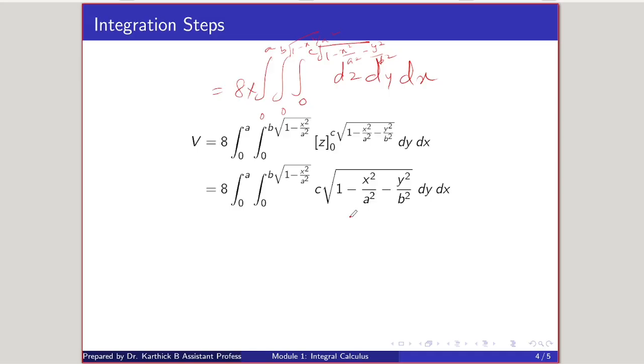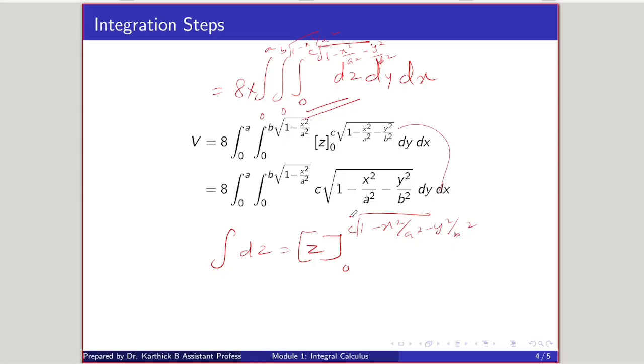Okay, so now first we will evaluate the inner integral. The integral of dz will be z, and then we have to apply the limits, so c times the square root of 1 minus x square by a square minus y square by b square.